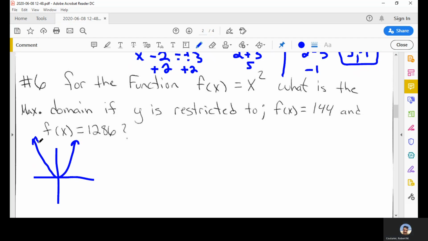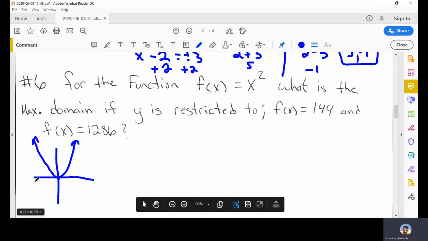It starts down here, and then it goes up this way forever and ever. And if you're looking at the x values, because this goes up forever in this direction, every single x value this way can be used. Every single value that way can be used.